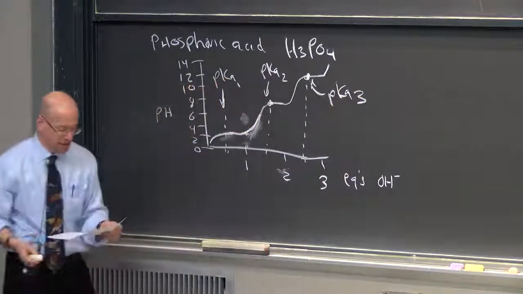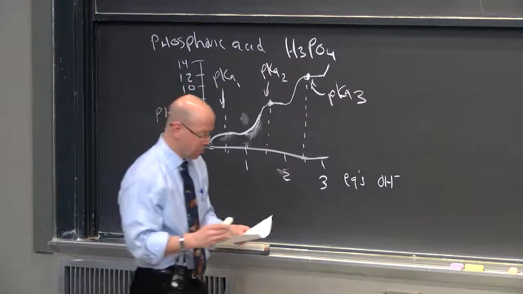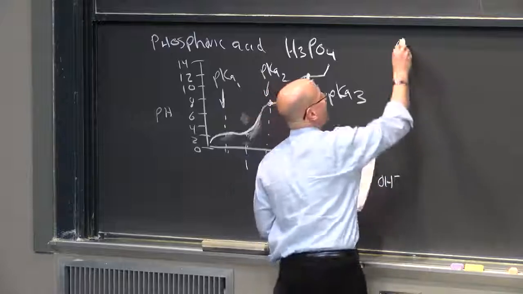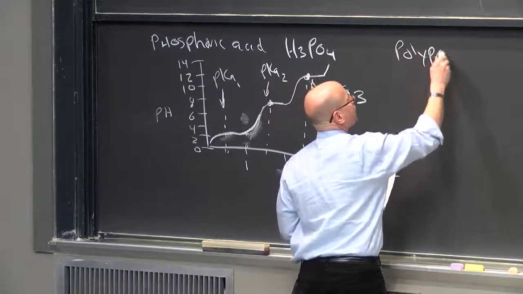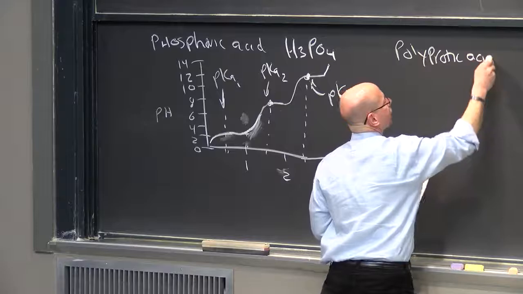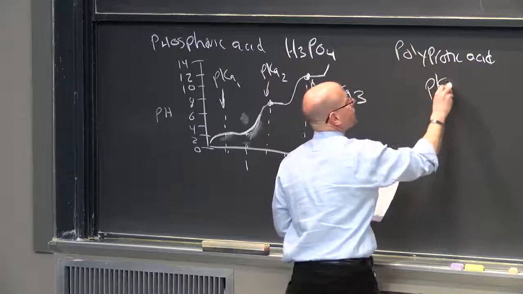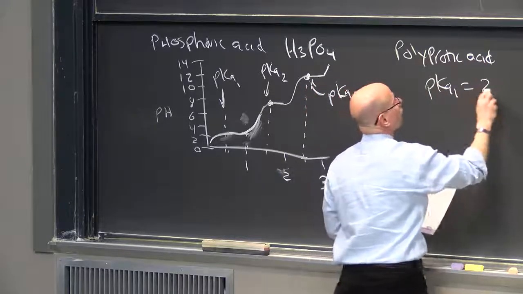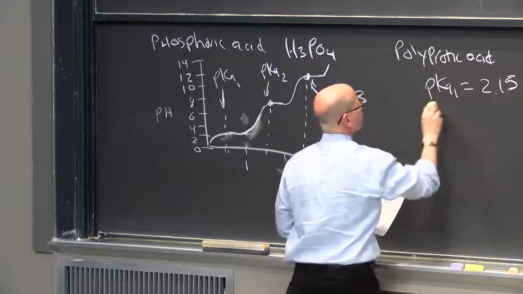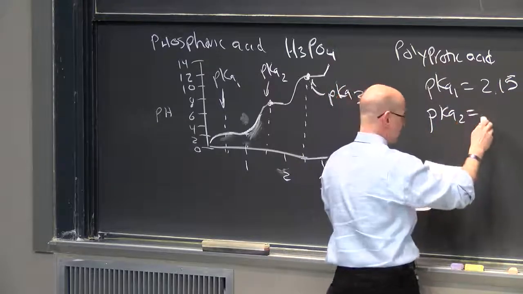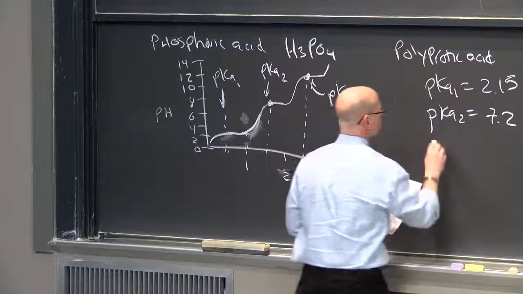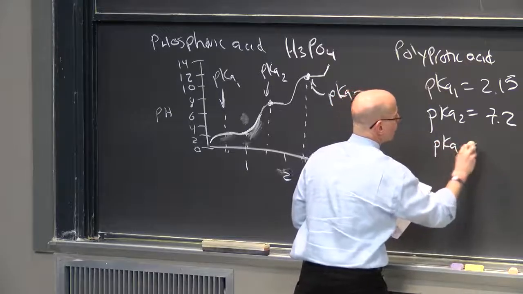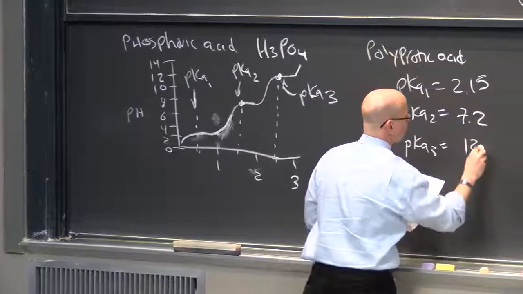This means that this is an example of a polyprotic acid. And for phosphate, pKa1 is about 2.15, pKa2 is about 7.2, and pKa3 is about 12.4.